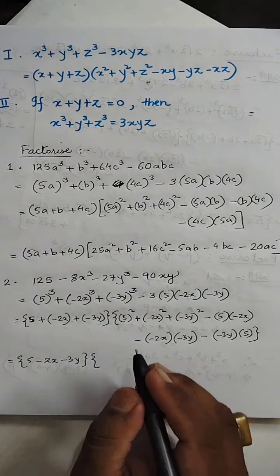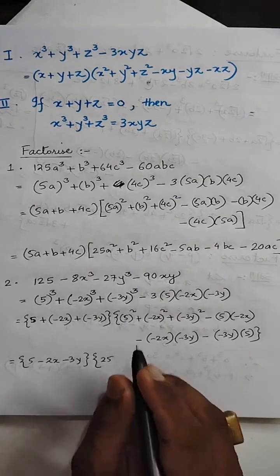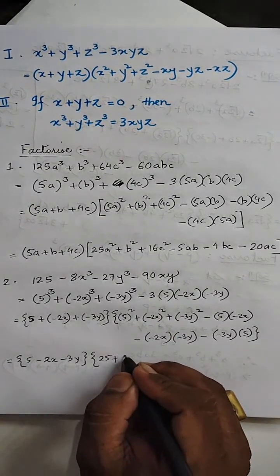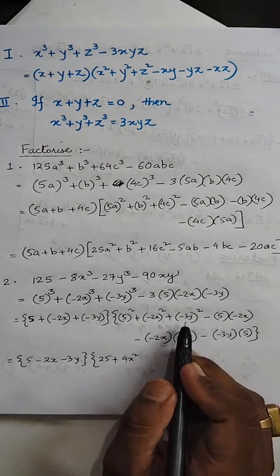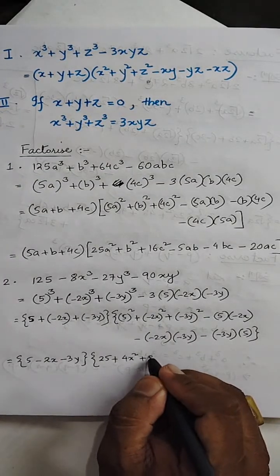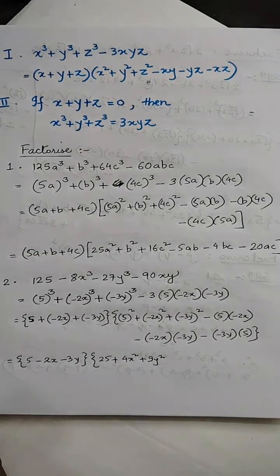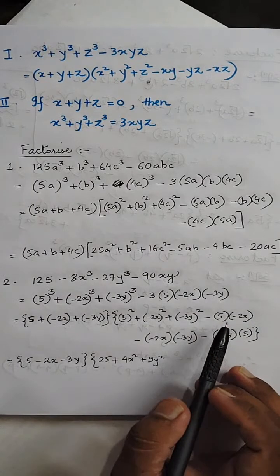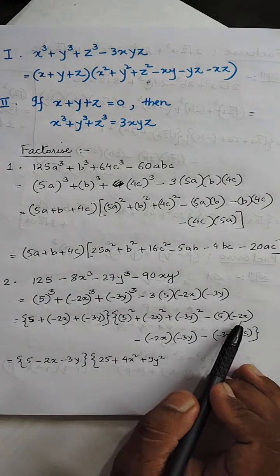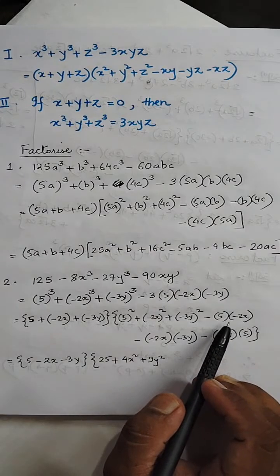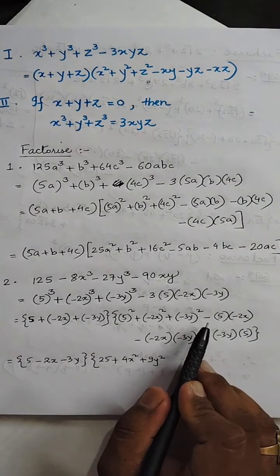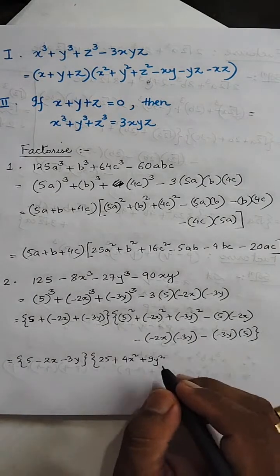And 5 whole square is 25. Minus 2x whole square is plus 4x square. Minus 3y whole square is plus 9y square. Then minus 5, this is 5 multiplied to minus 2x. So 5 into 2 is 10. So we will have minus 10x, but this minus 10x multiplied to the minus sign is plus 10x.